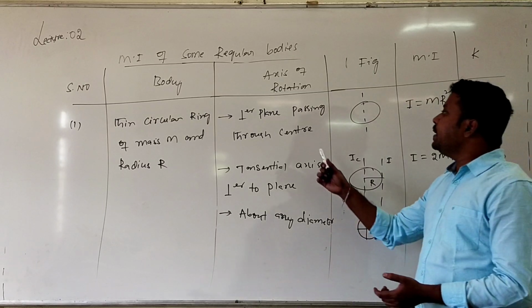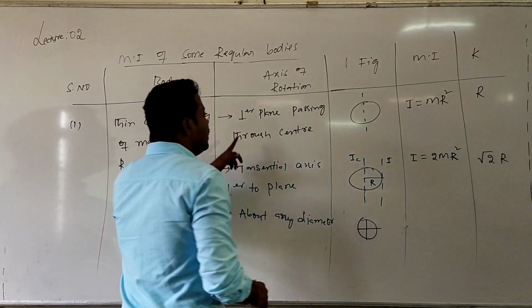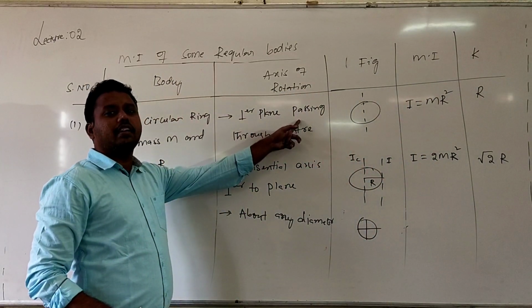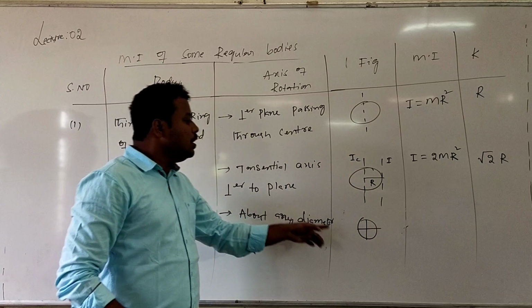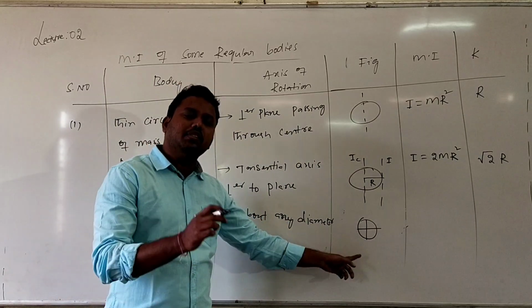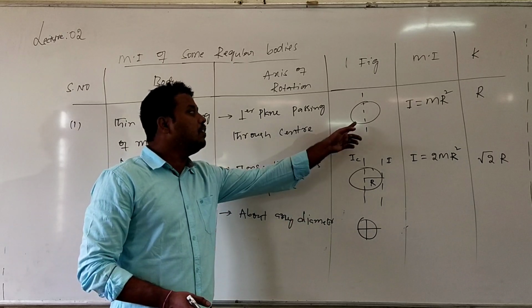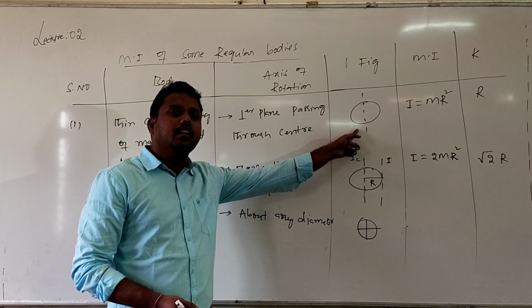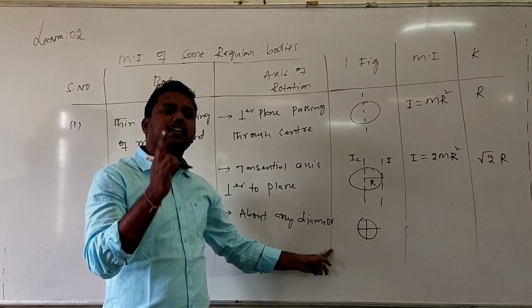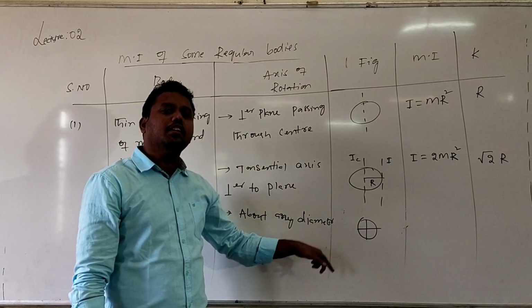But what is the difference between the first axis and this axis? This axis is perpendicular to the plane, passing through the center. The two diameters also pass through the center, but lie on the plane. I know the moment of inertia about a perpendicular axis. I want to calculate the moment of inertia about the two axes which are on the plane.